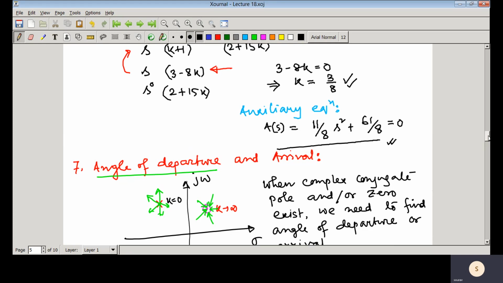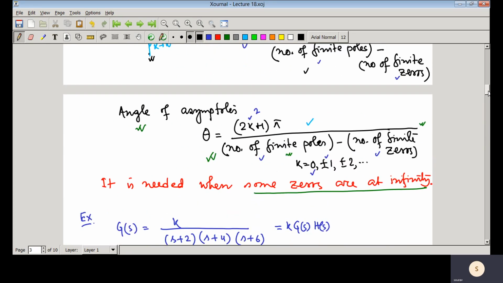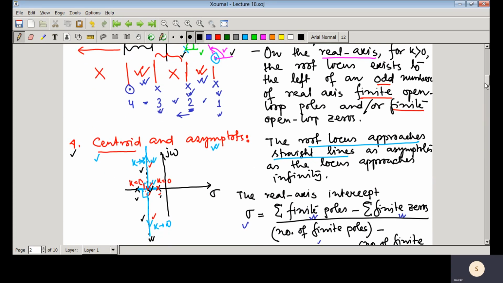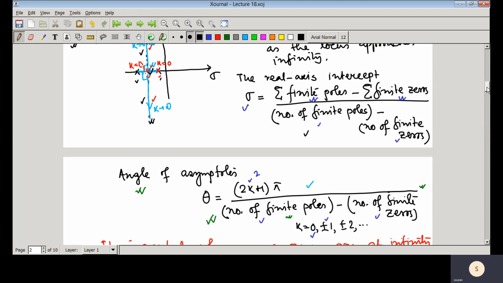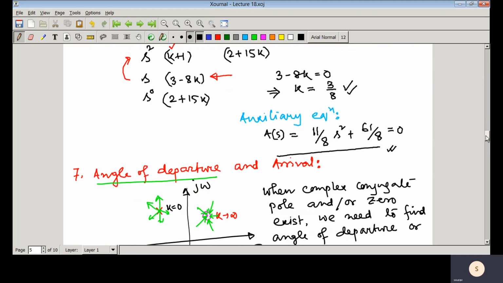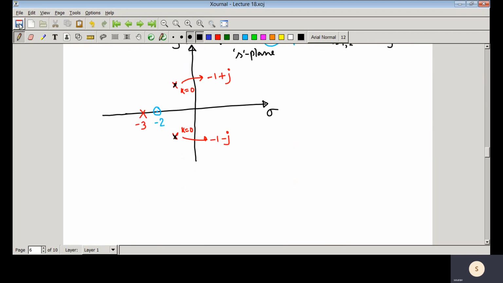And from rule 4 we have seen that whenever it has zeros at infinity, we need to find the centroid and asymptotes. So let us first find what would be its centroid.